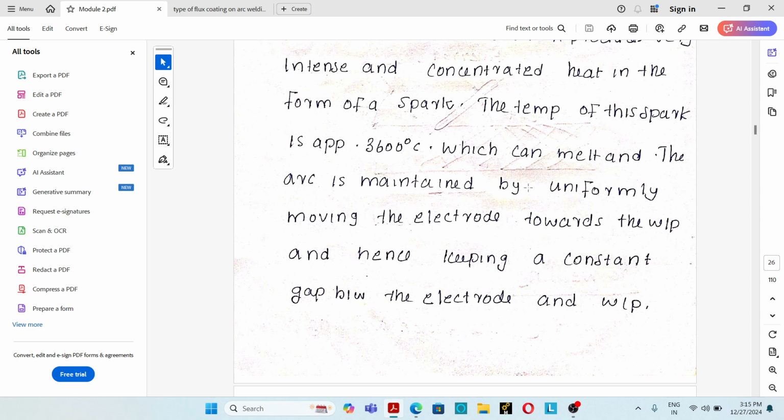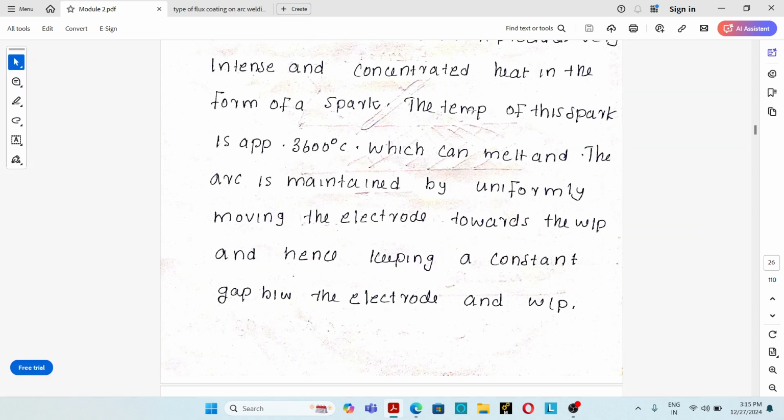The spark has a temperature of almost 3600 degrees Celsius, which can even melt the base metal. The electrode moves uniformly towards the workpiece and along the desired welding line. On solidification, a good welded joint is produced.